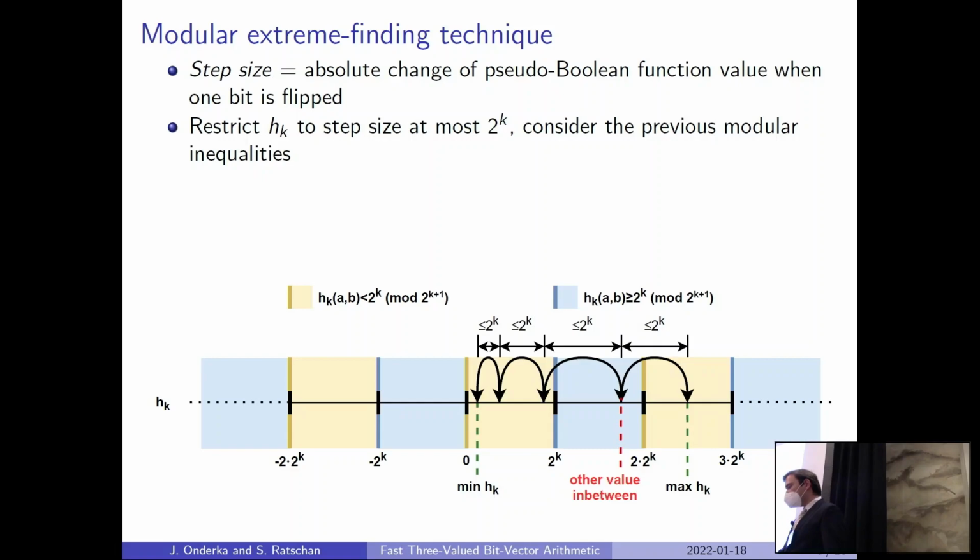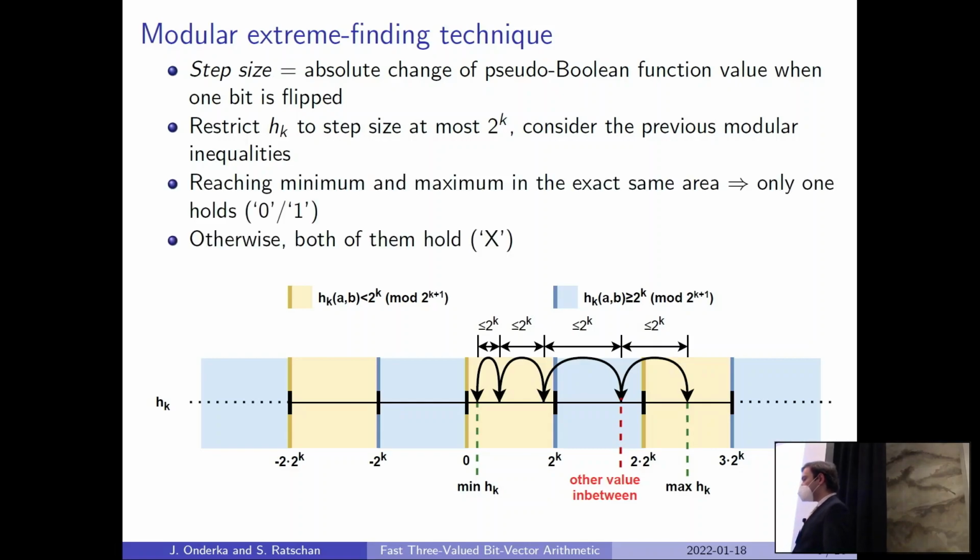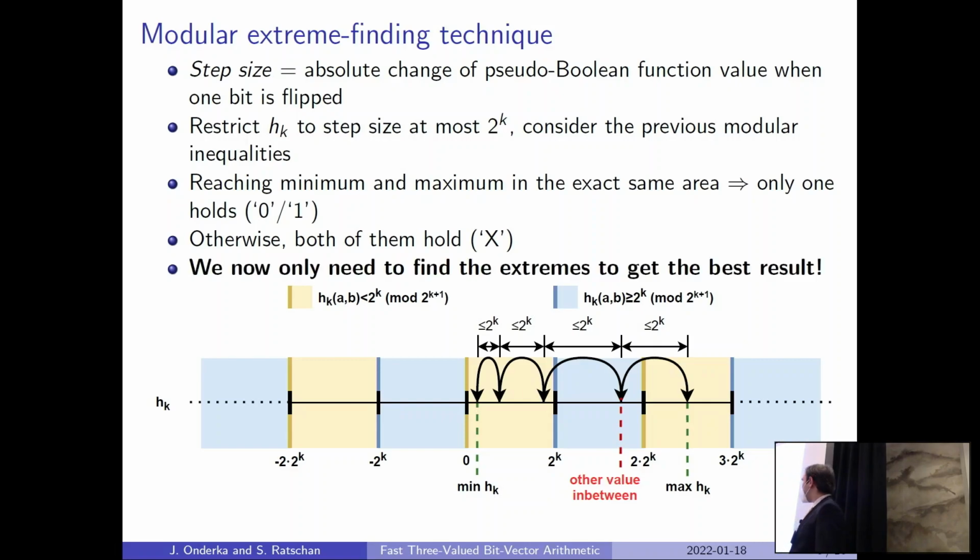So what we can conclude is that if we reach the minimum and maximum in the exact same square, then only one of the inequalities holds and gives us output 0 or 1, and otherwise both of them hold. So we only need to find the extremes of h_k to get the best result.